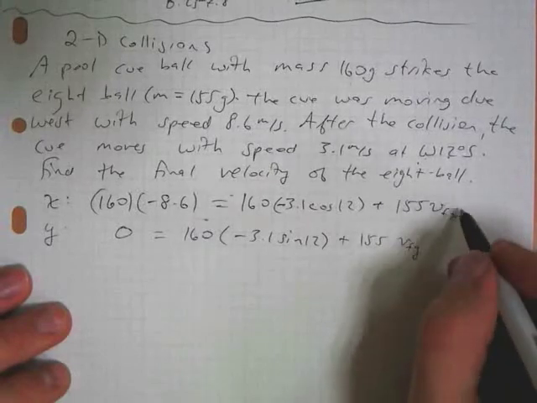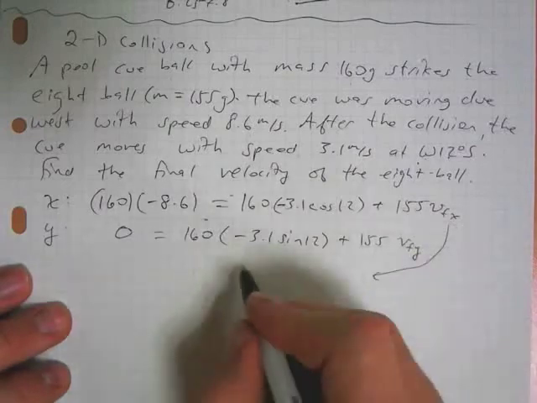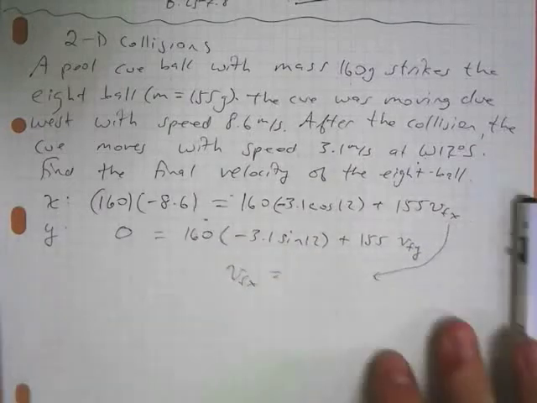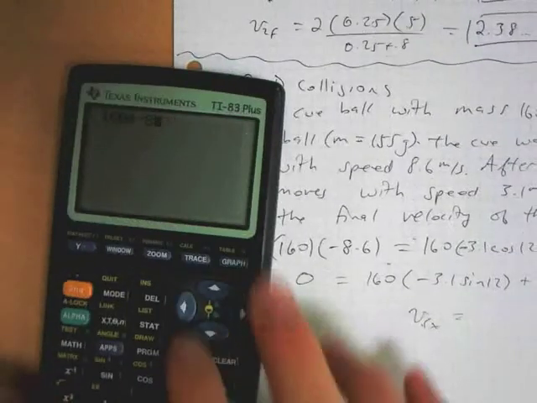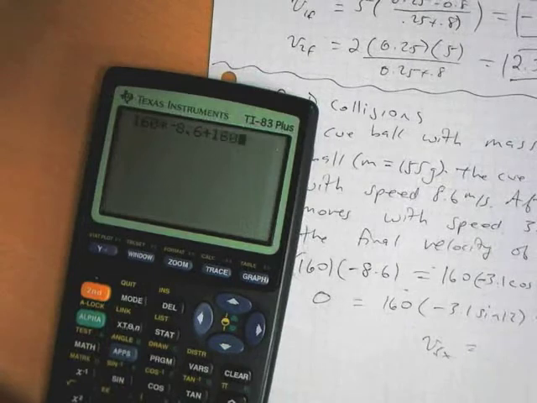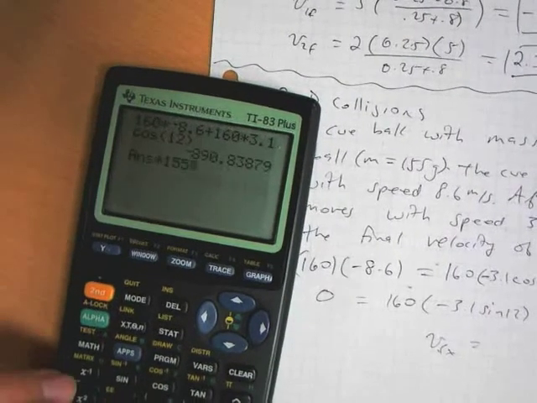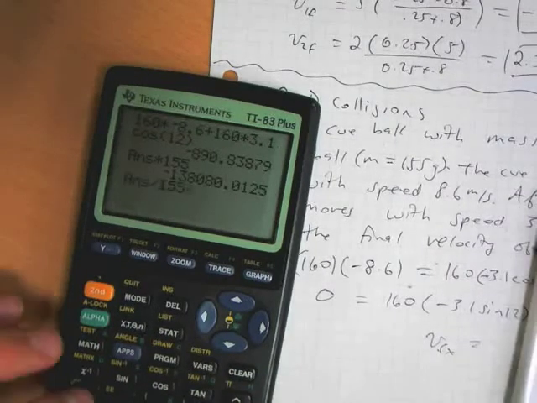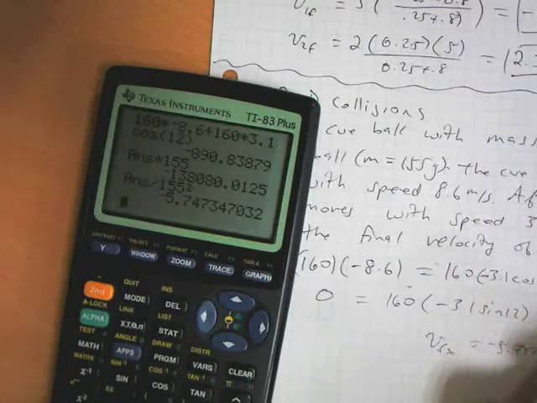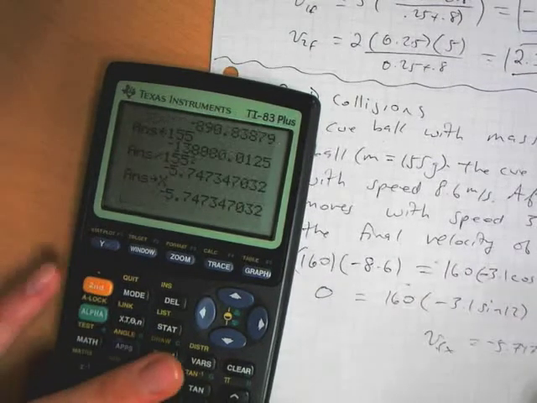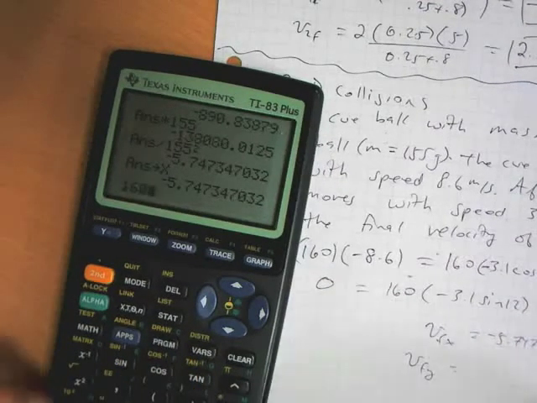So we can punch that in. Our v final x is going to be 160 times minus 8.6 plus 160 times 3.1 cosine 12, if we move that over, divided by 155. That gives us minus 5.747. Store that as x. And then in the y direction, we just have 160 times 3.1 sine 12.